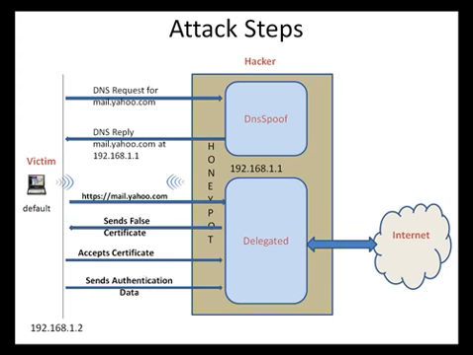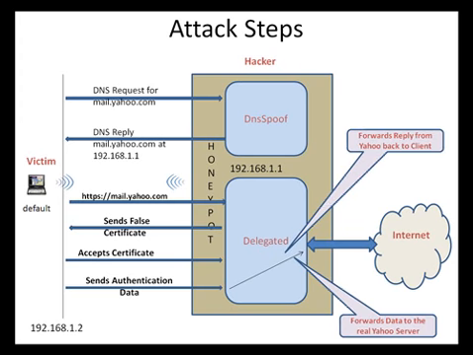After that, the browser will send all the authentication data, which would be the username and the password the victim has entered in the login screen, to Delegate D. Now Delegate D in turn sends this data over the internet to yahoo.com, and whatever data Yahoo sends back, it sends back to the victim. And all this happens transparently as Delegate D is a proxy server.